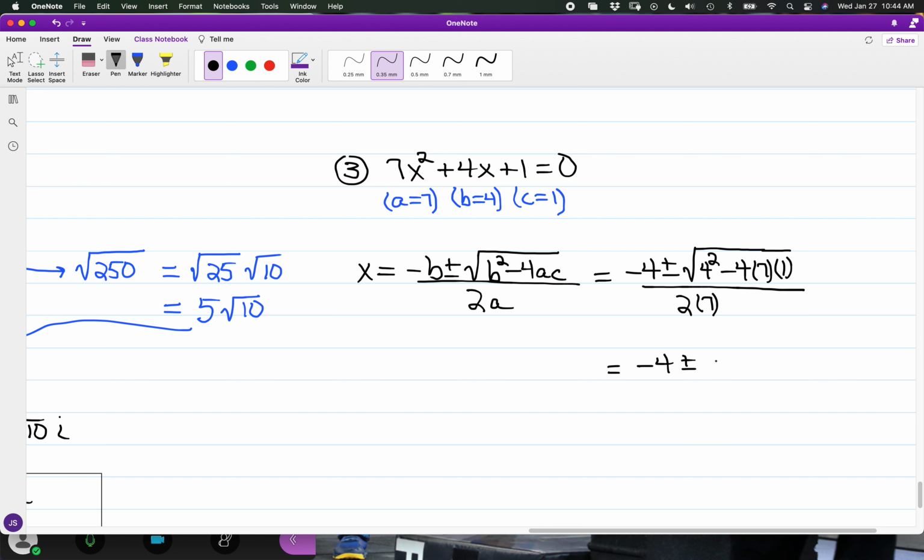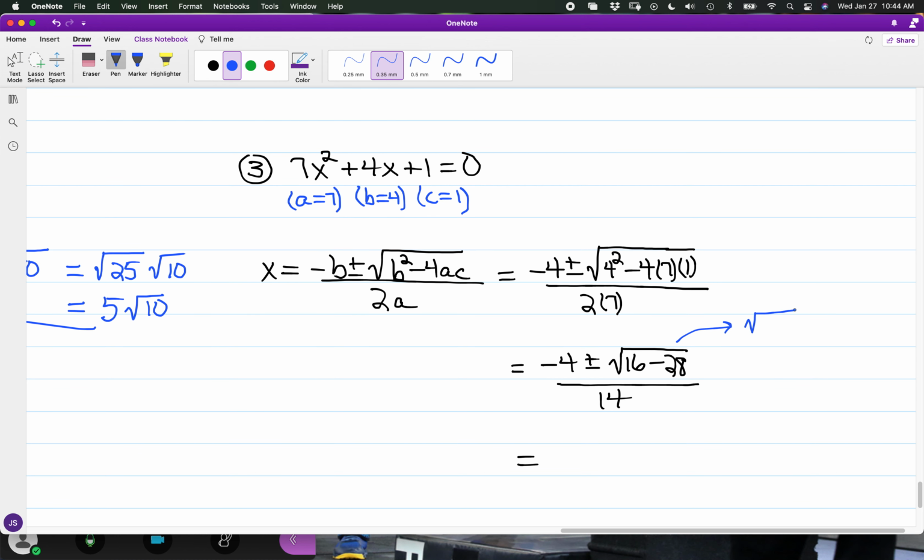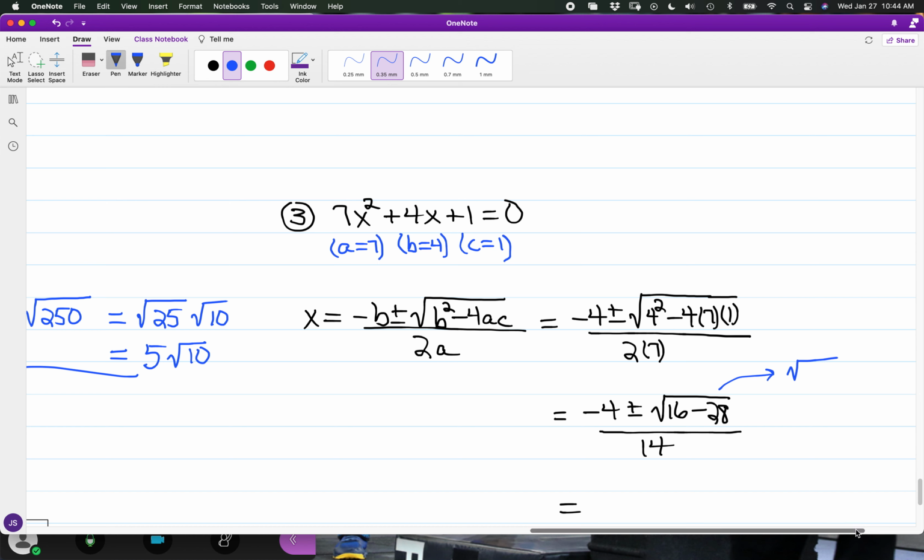So we have negative 4 plus or minus the square root. 4 squared is 16. Negative 4 times 7 is negative 28. Negative 28 times 1 is still negative 28. And 2 times 7 is 14. Now we have 16 minus 28. This will go to the square root of negative 12.